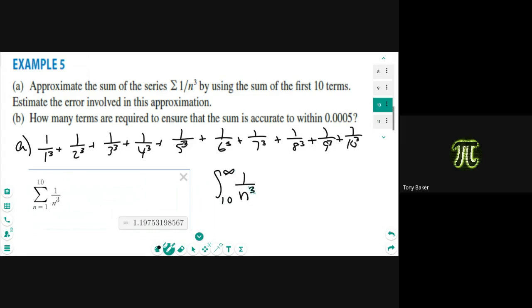of 1 over x to the third. Remember, 1 over x to the third is the same thing as x to the negative third. So what's the integral of that?